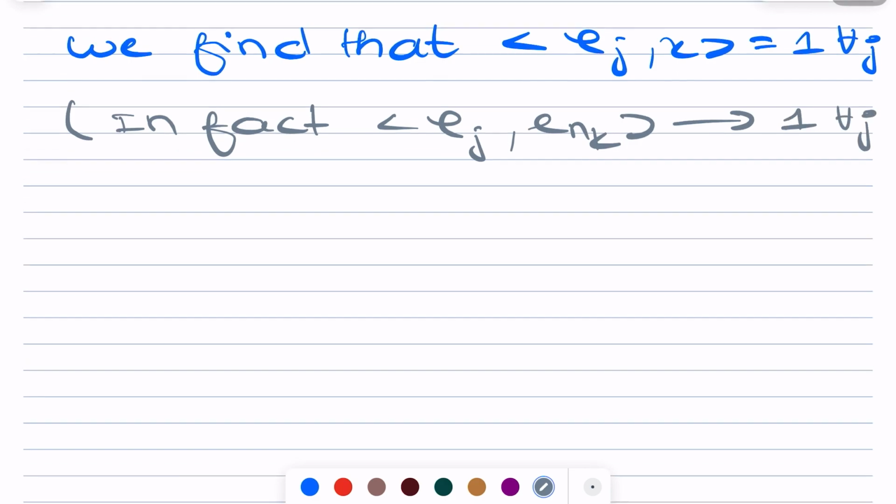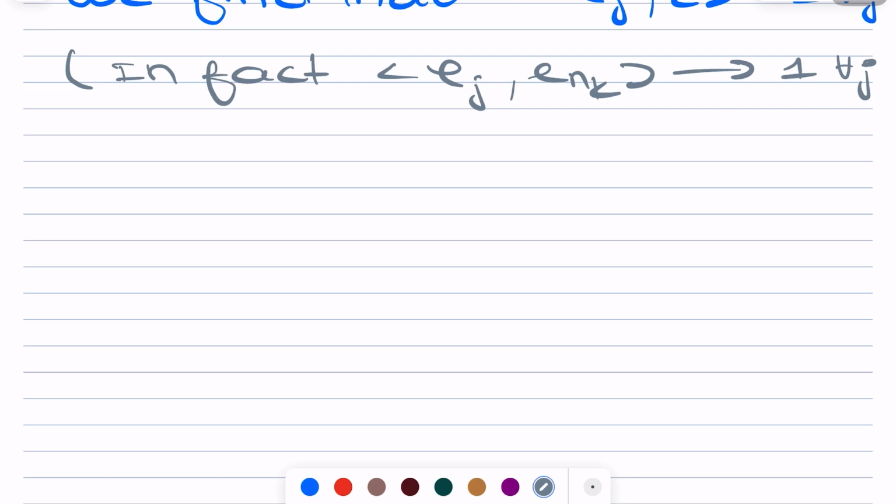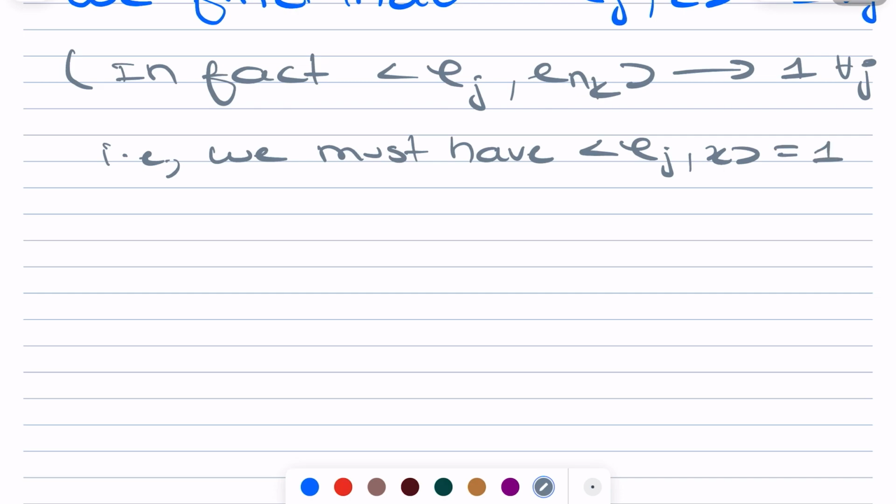So the scalar product goes to 1. That means we must have phi_j(x) equal to this, because phi_j(e_nk) converges to phi_j(x), so phi_j(x) equals 1 for every j.